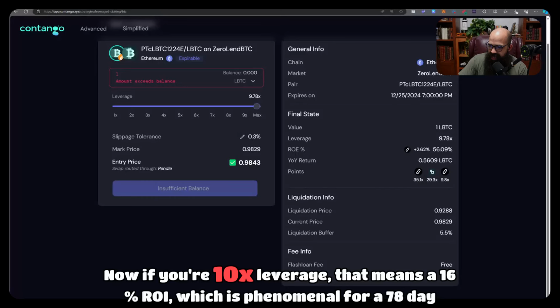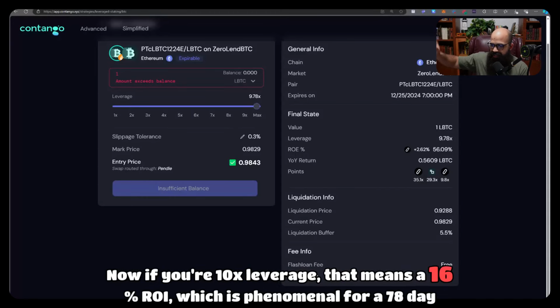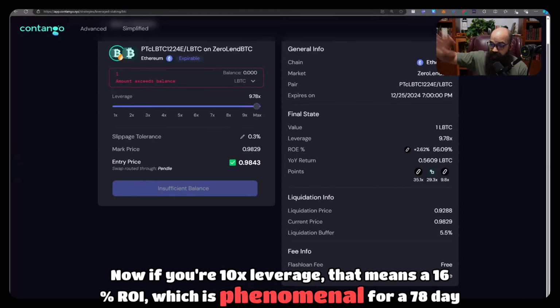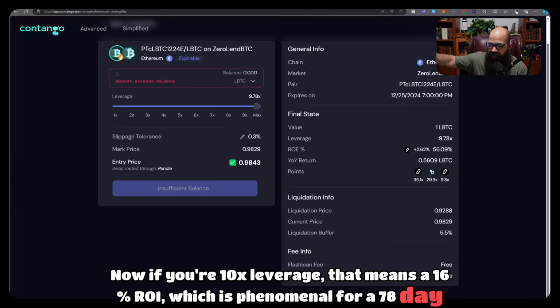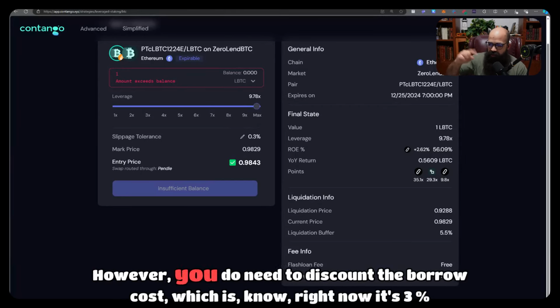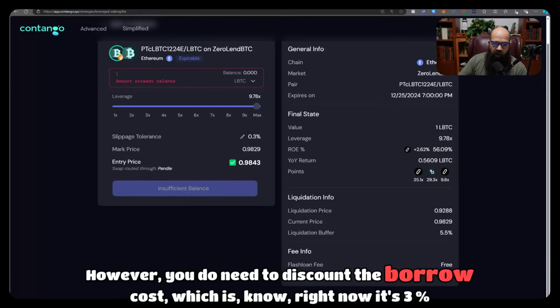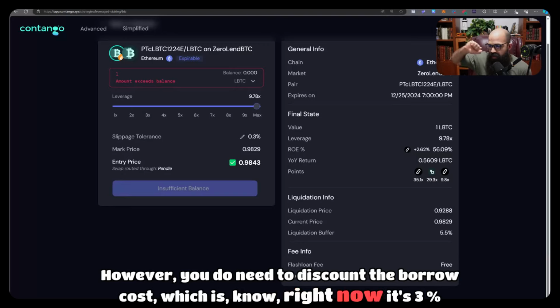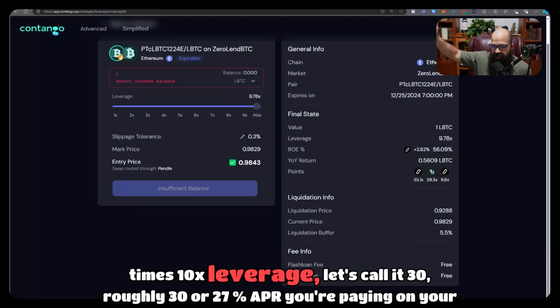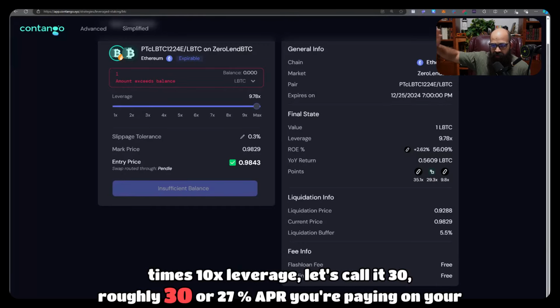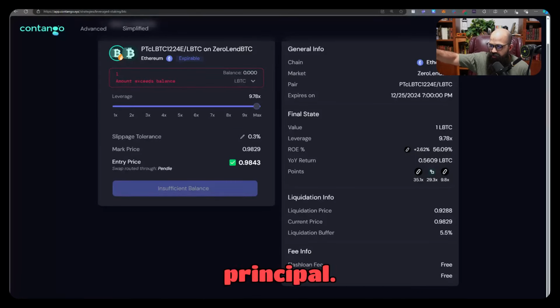Now, if you're at 10x leverage, that means a 16% ROI, which is phenomenal for a 78-day yield. That's insane. However, you do need to discount the borrow cost, which right now is 3% times 10x leverage. Let's call it roughly 30 or 27% APR you're paying on your principal.